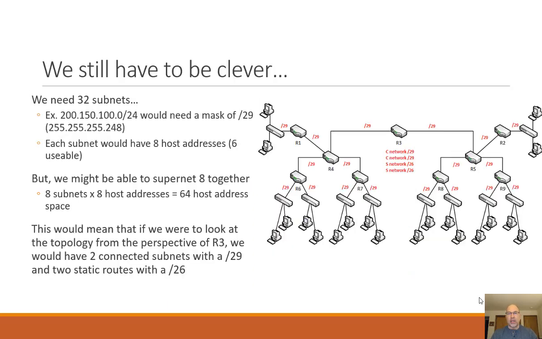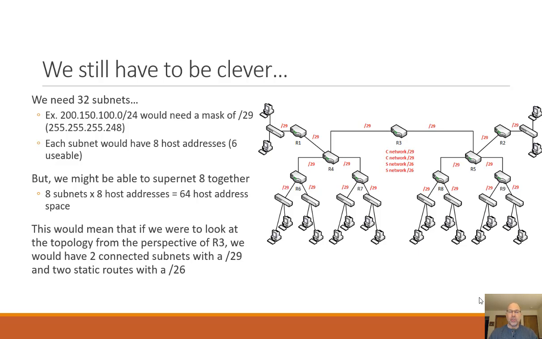We know that we need 32 subnets, and we could, as I said, just assign them all over the place. In this case, when you have 32 subnets, each one of those subnets is going to have 8 addresses associated with it, 6 usable after we get rid of the subnet ID and the broadcast for the subnet.